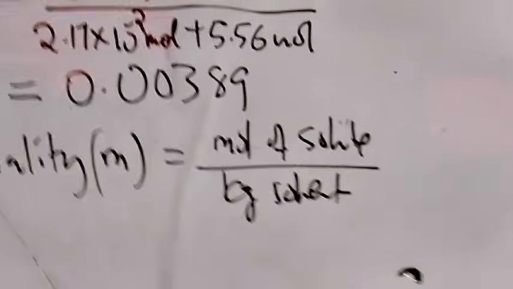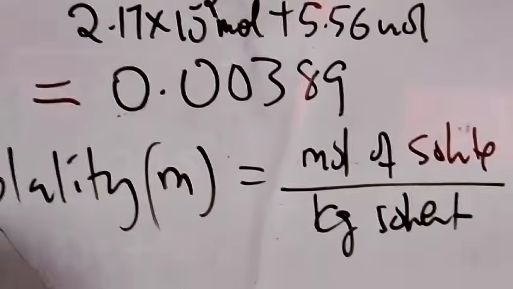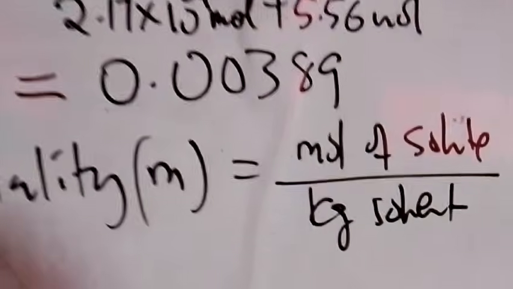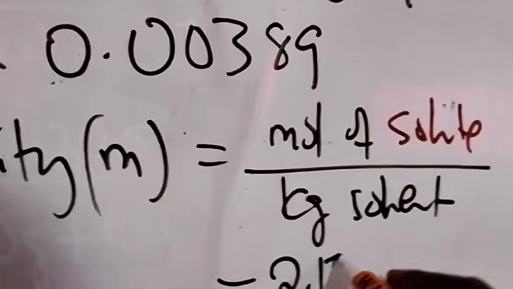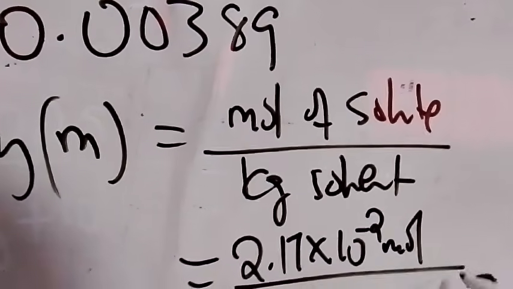In this case, the moles of solute, that is the ethanol, is 2.17 times 10 to the power negative 2 moles, over kilograms of solvent.